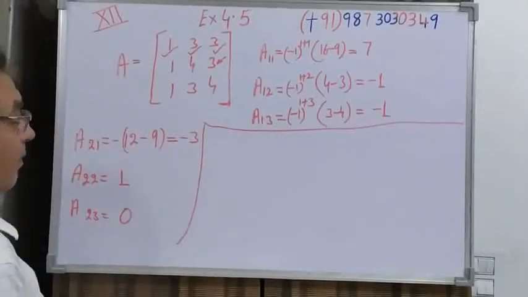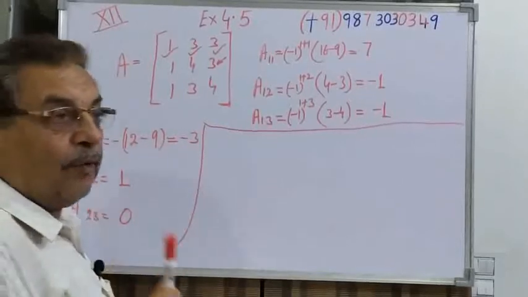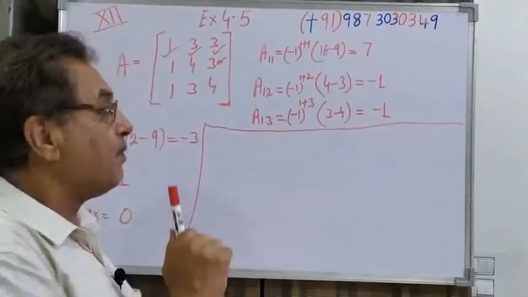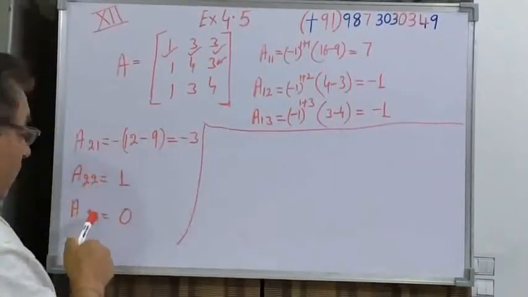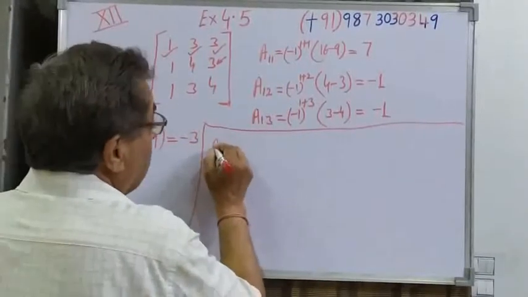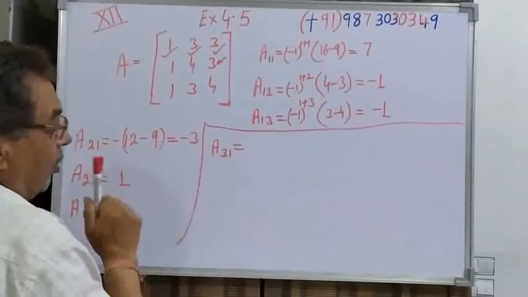Now next one, I will tell you how to find. We need the cofactor of all the 9 elements. I found the cofactors of the first row, the cofactors of the second row, now the cofactors of the third row. Third row, first column.